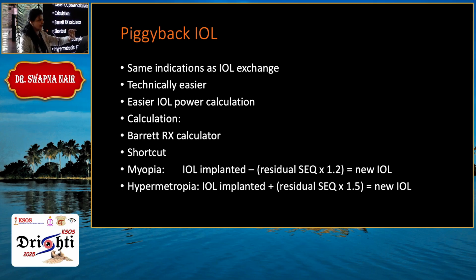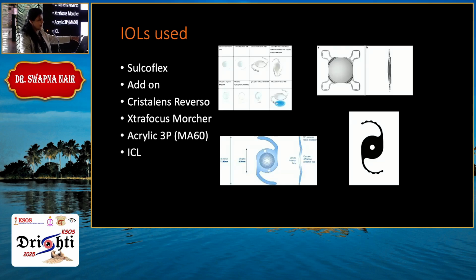In case your ametropia is myopic, then this is the calculation that you add to the implanted IOL, and if it's hypermetropic, the second is the calculation that you add to the IOL. So these are different types in use. Even the piggyback lenses like the Sulcoflex can provide you trifocals and a lot of options, torics.